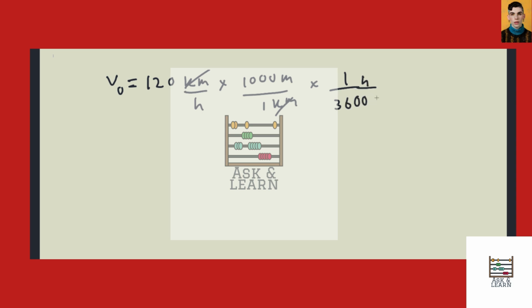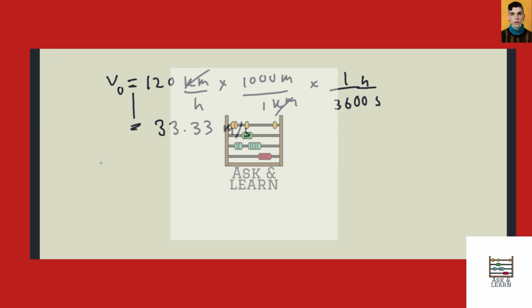That's because 3,600 seconds make 1 hour. And so what you get is 33.33 meters per second for the initial velocity.